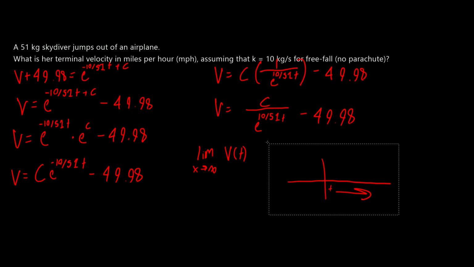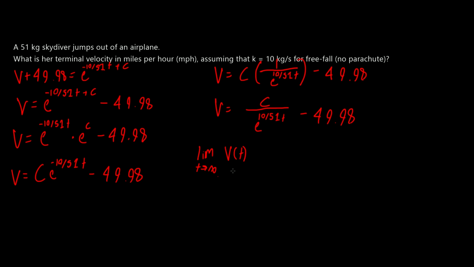So let me go ahead and get rid of this and also change this x variable, since it is a t, we are doing this in terms of time. If we start filling this out, this will turn into the limit as t approaches infinity of c over e to the power of 10 over 51 t, minus 49.98.